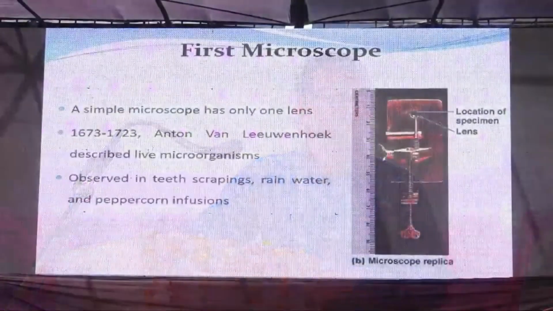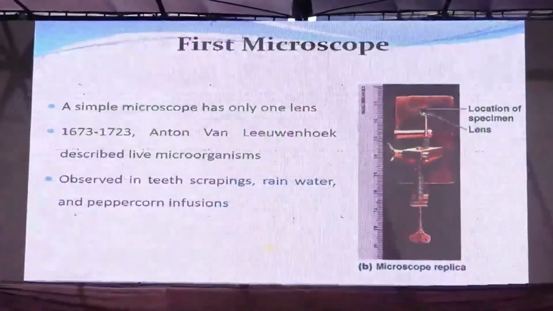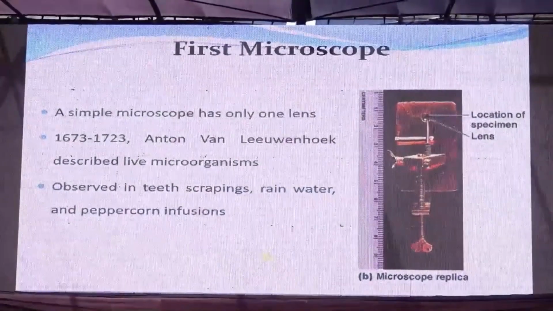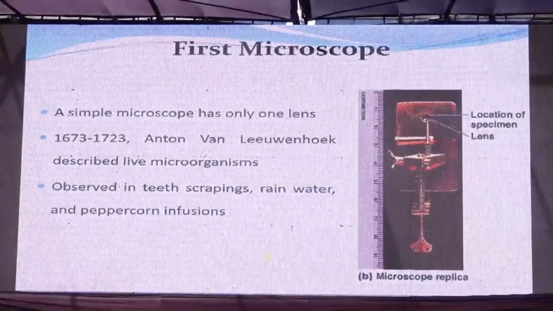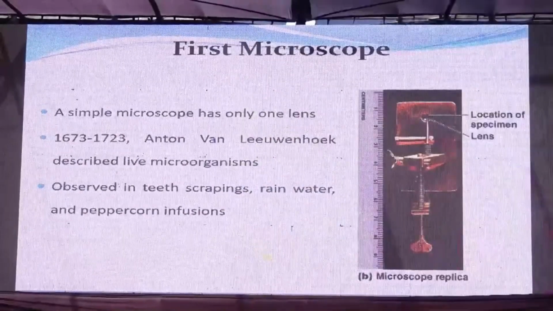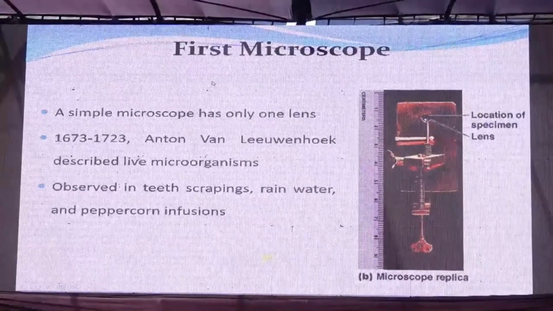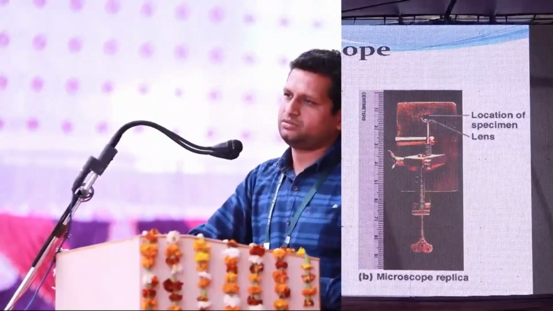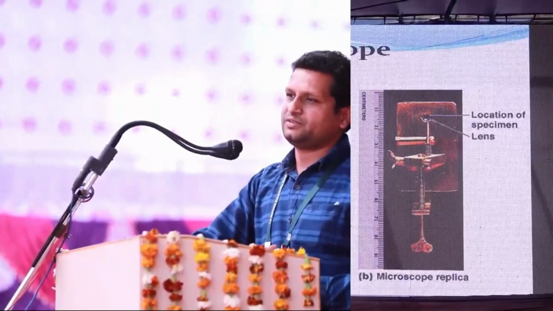If I talk about the history, the first useful microscope was used by Anton von Leeuwenhoek. And you will be surprised, this person was not a scientist, not a researcher, not from a science background. He was a cloth merchant.